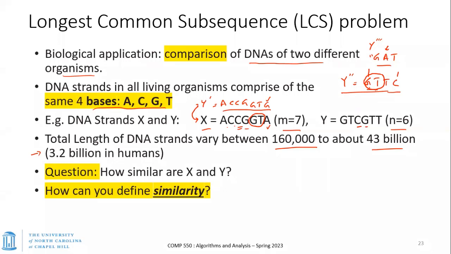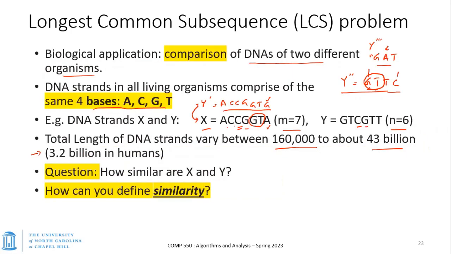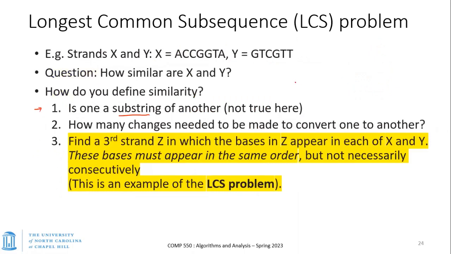The definition that we're going to use is what are called subsequences. By the way, these are different ways that you could come up with a definition of similarity. You could say one is a substring of the other, as you saw earlier, that GT, a substring of Y double prime, was actually a substring of X. But that becomes a little tricky, and that may not be true in a lot of cases.